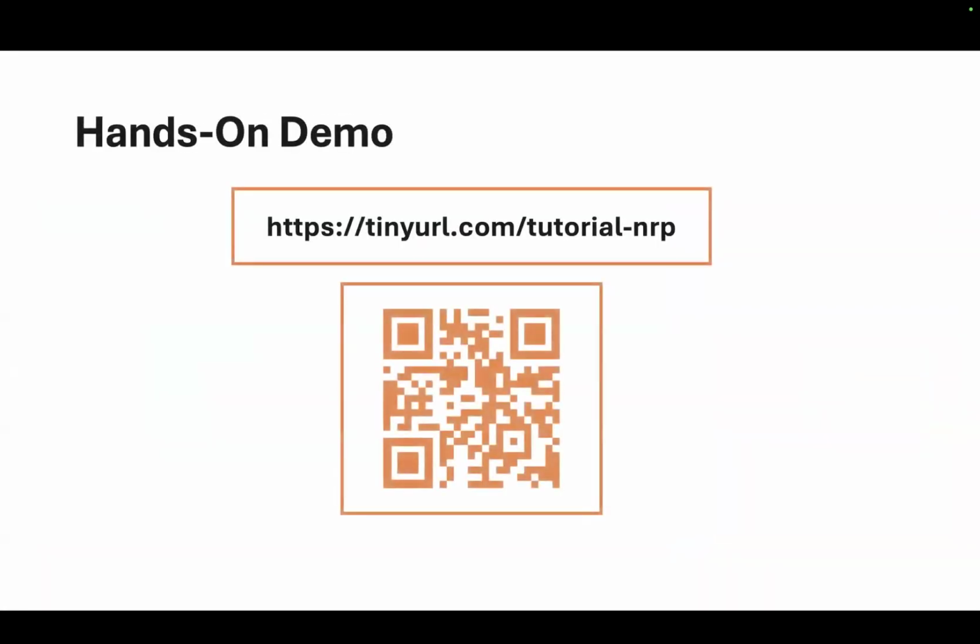All right. And now we're just going to go to a hands-on demo part where you can follow along. To follow this tutorial, you don't need to be an active NRP user. We added a service account that is ephemeral.